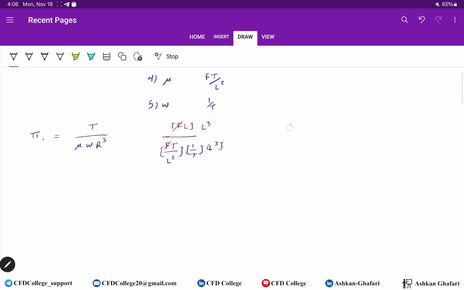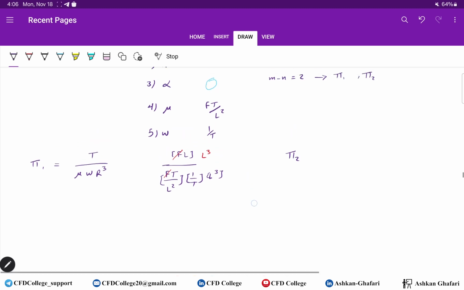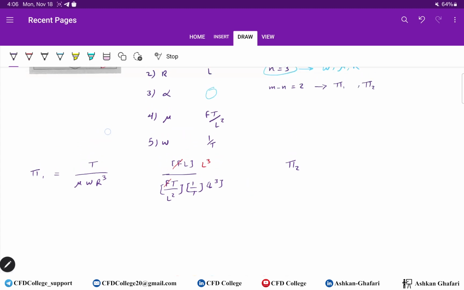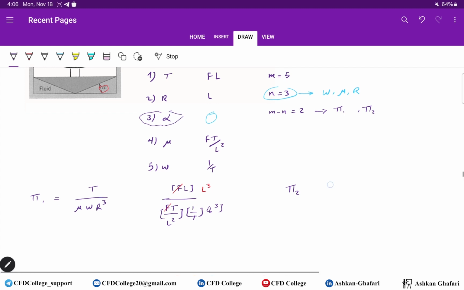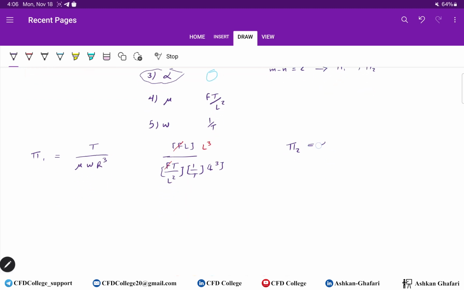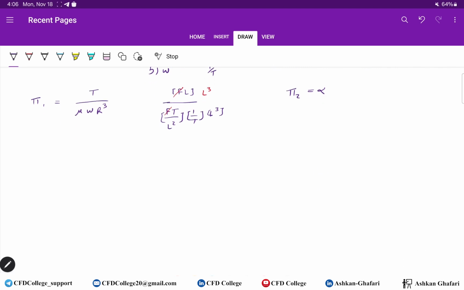And what about pi 2? We should go for the next quantity, which is alpha. And alpha is dimensionless. So pi 2 is alpha. You don't need to find anything. So the final answer, pi 1, T over mu omega R cubed, is a function of alpha.